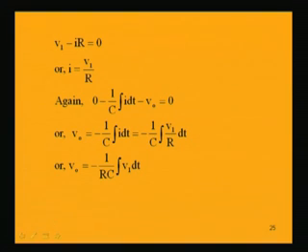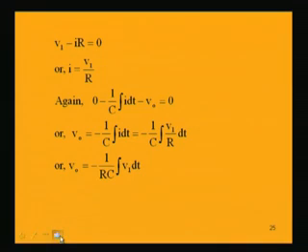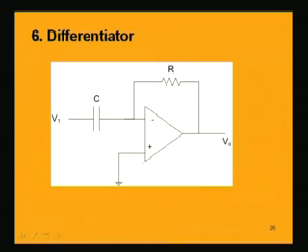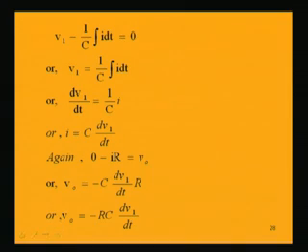The first loop gives V1 minus I into R is equal to 0, that is one equation, and from that we get the value of I, which is equal to V1 by R.